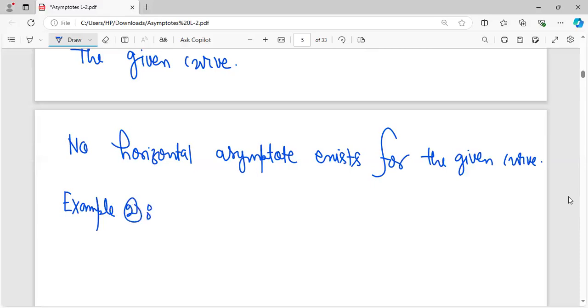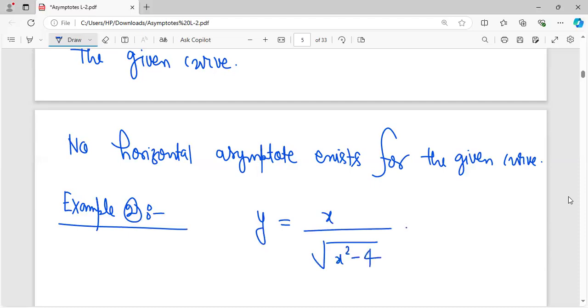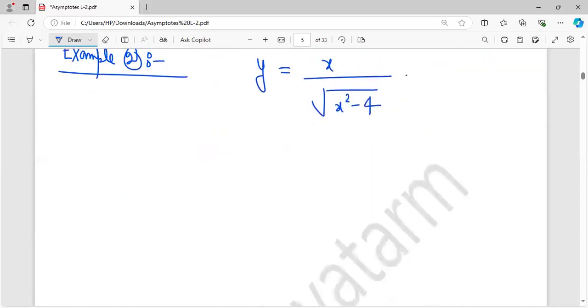Example 2. y is equal to x upon x² − 4. We need to find its asymptotes. You see that limit x tends to 2 of f(x), what will you get?